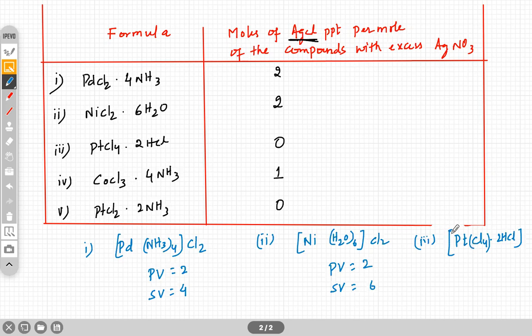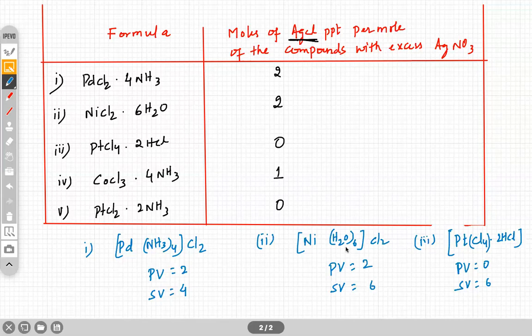There's no charge on this complex. That's why the primary valency is 0 here. The secondary valency is 6. The HCl itself is a ligand. Chlorine is the donor atom there, using its lone pair. So it is not ionized. It is there in the complex.